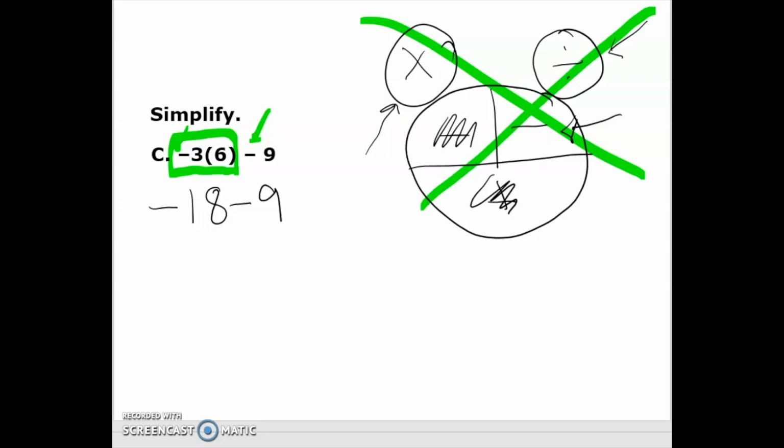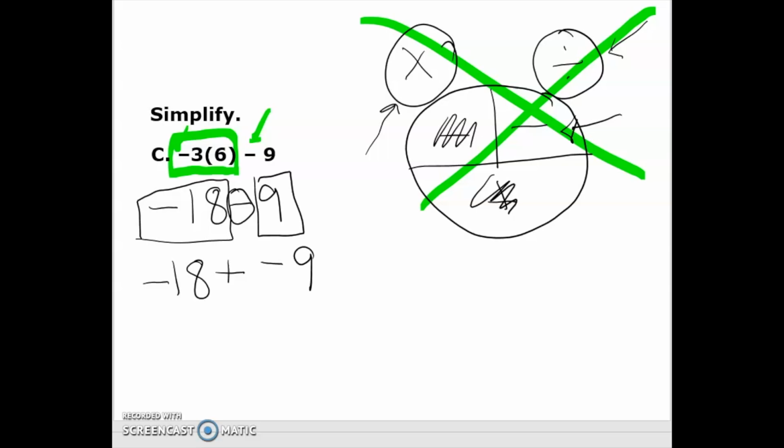All right. Now, there's a couple different strategies we've looked at, but it's important to remember that we want to focus on what happens when we combine these. And sometimes the easiest way to do that is to use our keep, change, change. So we keep negative 18. We change subtraction to addition. We change positive 9 to negative 9. And now we see they're both negative.